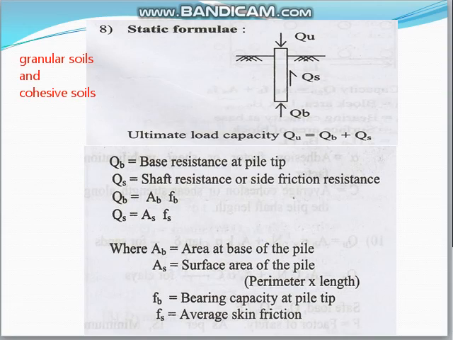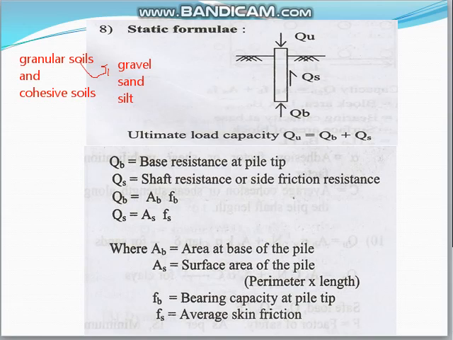Granular soils are nothing but gravel, sand, and silt with no content of clay. Another one is cohesive soils. Cohesive soil is nothing but clay soil, which has bonding between the particles.